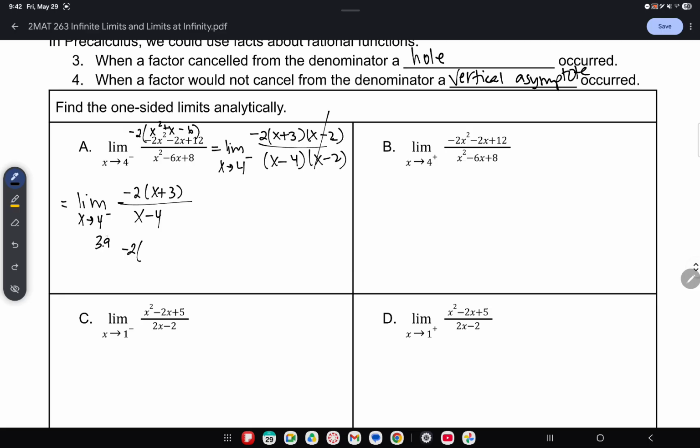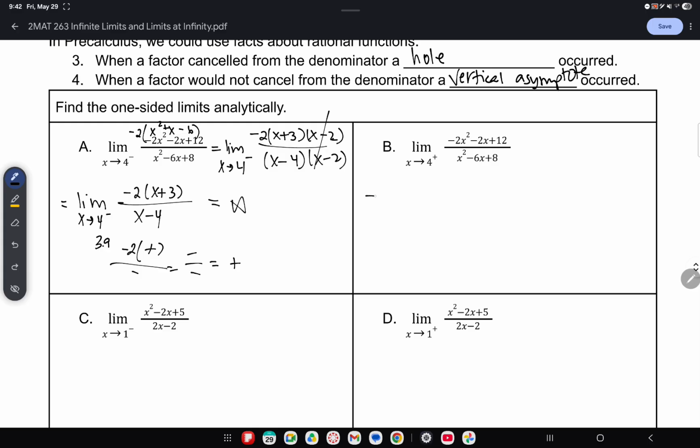So I'm just looking at the sign. So 3.9 plus 3 is a positive number. And then 3.9 minus 4 is a negative number. Well, on top, we'll have a negative. On bottom, we have a negative. And so in the end, that's going to give us a positive number. So this limit is going to positive infinity.